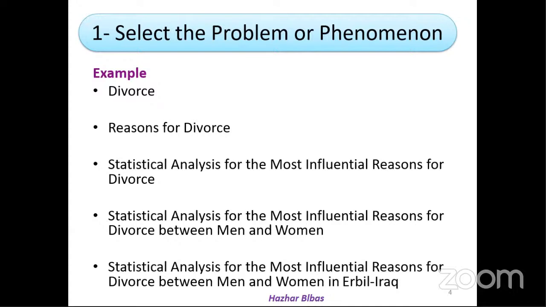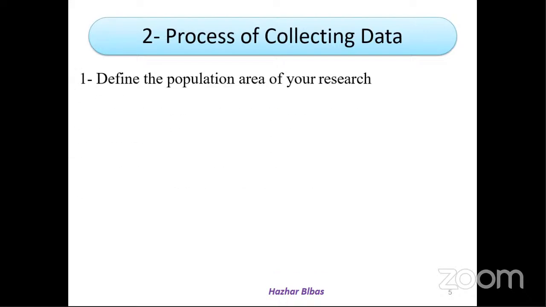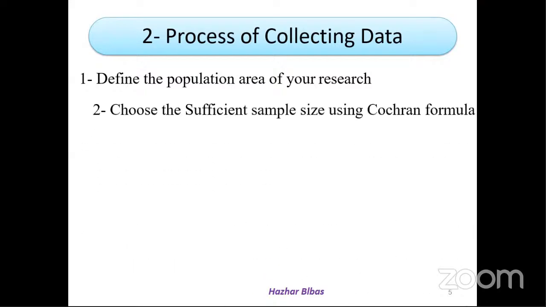And then if I have a topic, I have to decide to collect the data on that topic, in that problem. The process of collecting data is a really long process. I'm going to follow some steps here. Define the population, which is really important. Without the population, it's not easy to take out the sample.